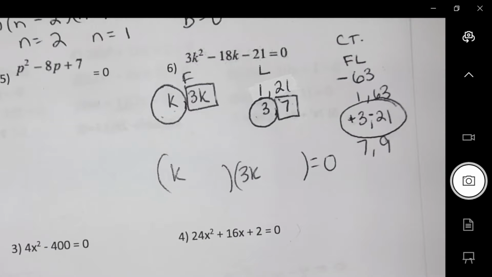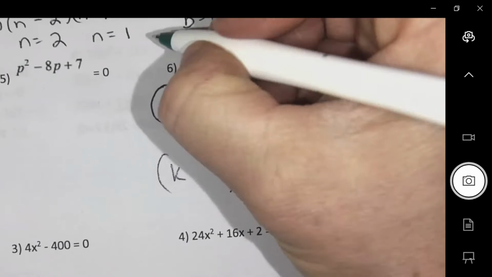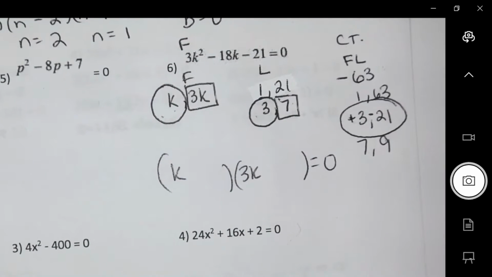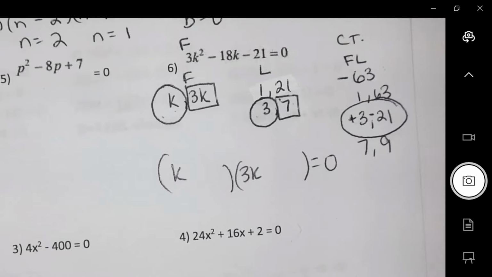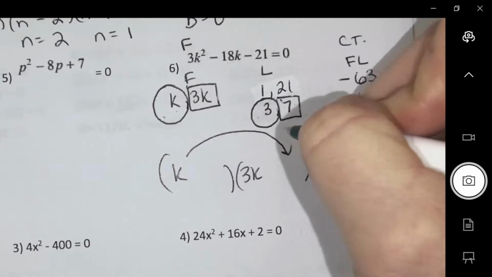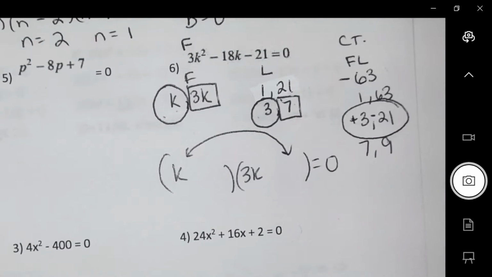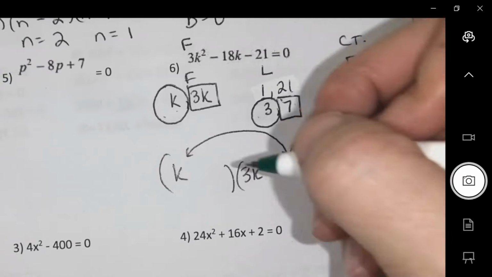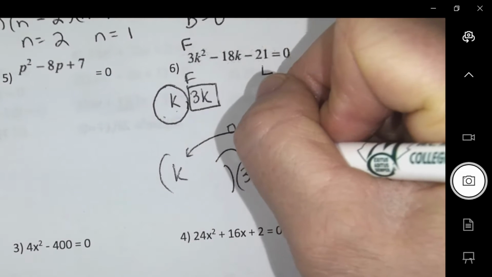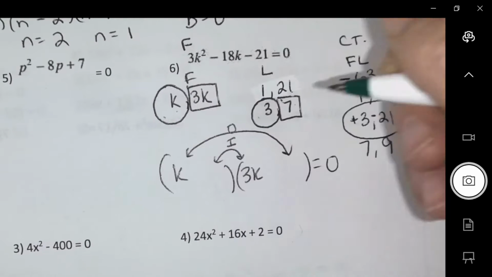That is my first times my first. Does that look familiar from grade 10? First times first makes that. This would be the outsides. This on the FOIL is the insides.